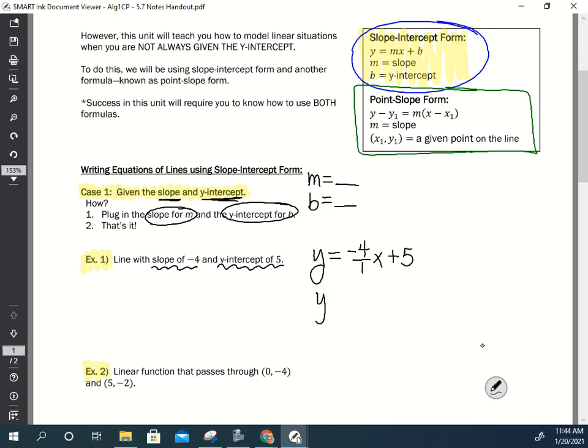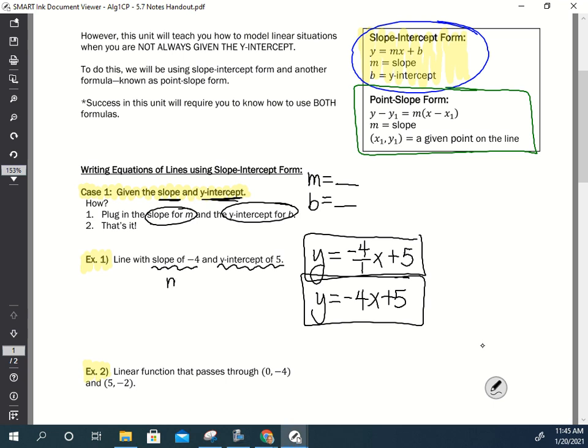So if you gave it as y equals negative 4x plus 5, that's okay. Either one is fine. The slope is negative 4, so that's your m. The y-intercept is 5, so that's your b. Any questions? Example 1.